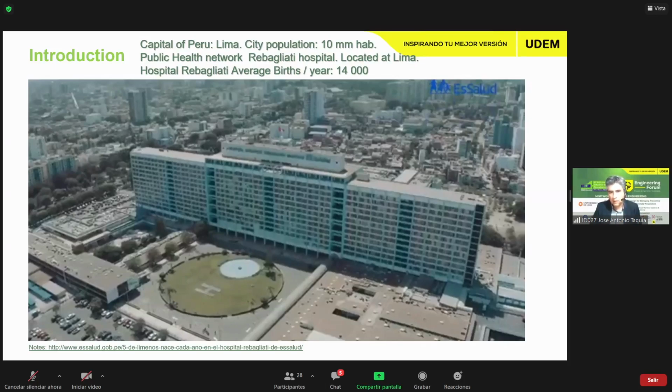It has an average birth rate of around 14,000 births a year. As you can see in the picture, it's a huge facility and needs a lot of equipment, and of course the maintenance process of critical equipment is really important.